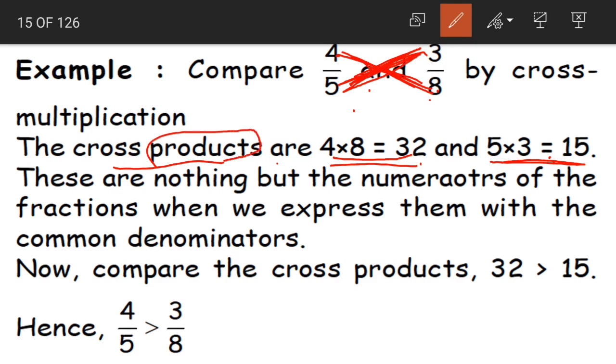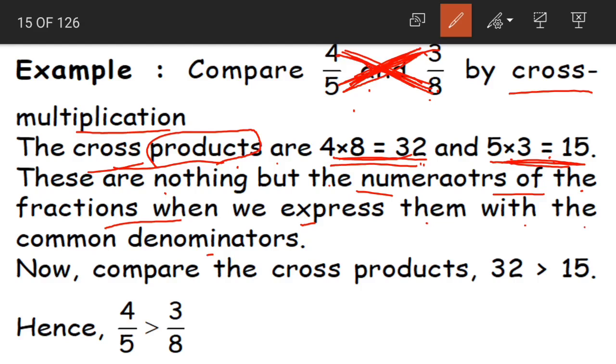Product comes from multiplication. As this is cross multiplication, they are called cross products. Now 4 into 8, 32. 5 into 3, 15. These are our two cross products. These are nothing but the numerators of the fractions when we express them with the common denominator.